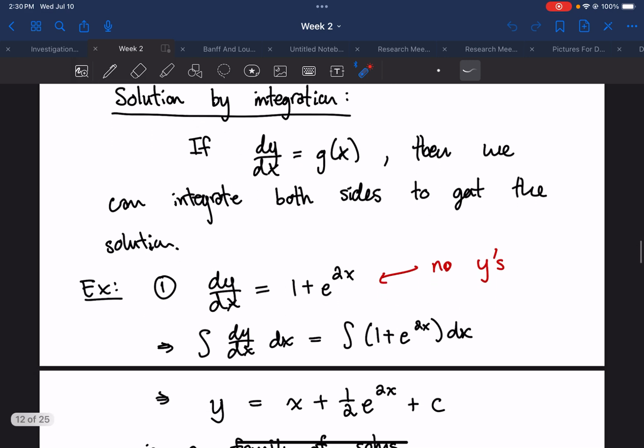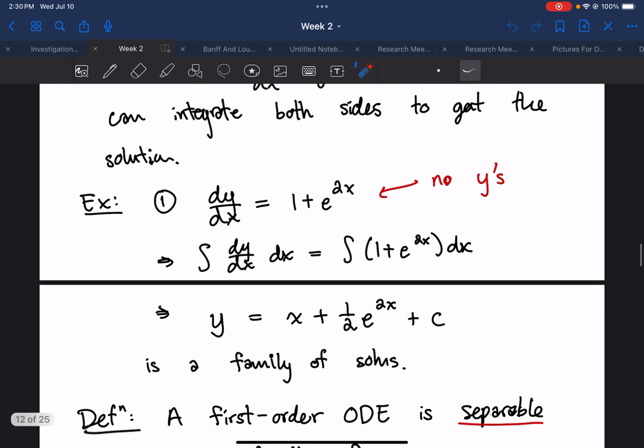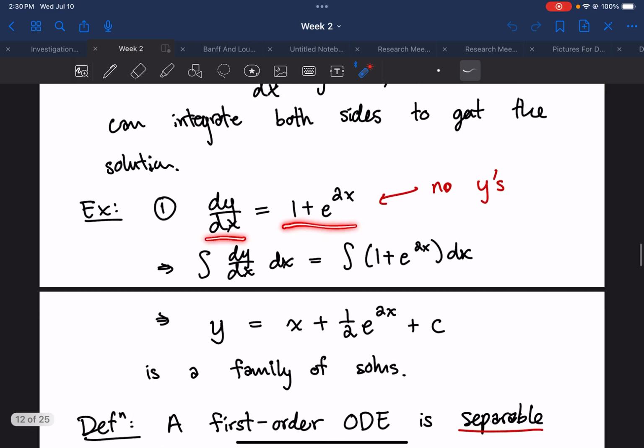Let's look at an example. So here we have dy dx equals some function of x. No y's. There are no y's on the right-hand side. In that case, we just integrate the left-hand side dx, integrate the right-hand side dx. The integral of a derivative is just the function itself. And to integrate this function, you just do the power rule on this guy.